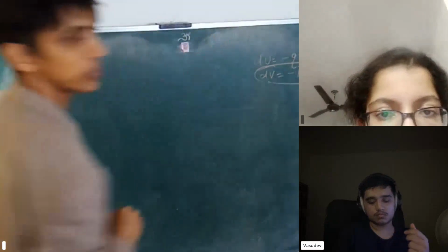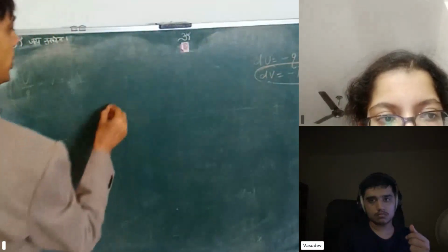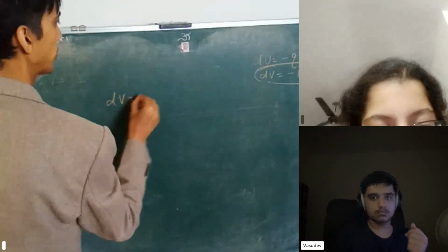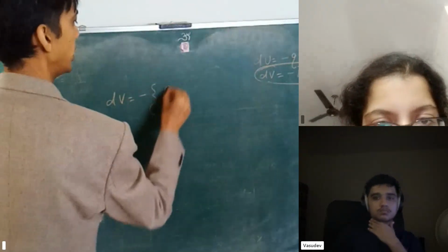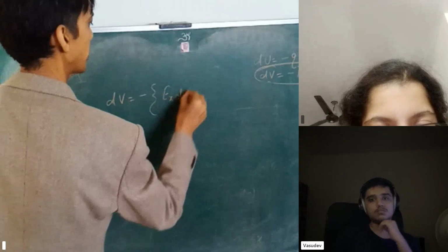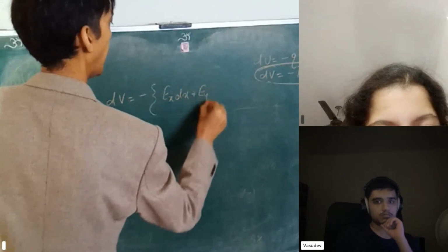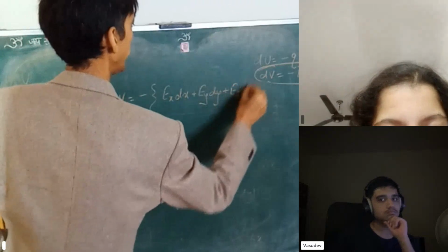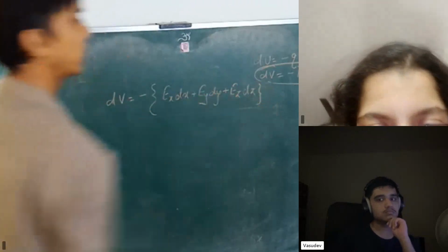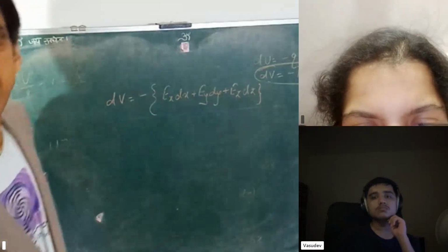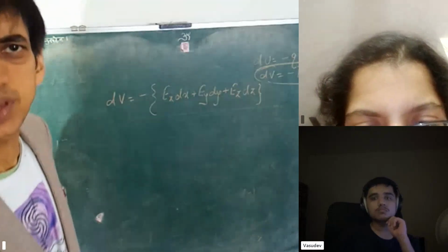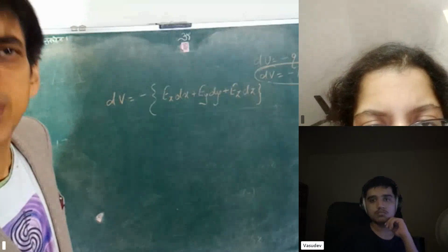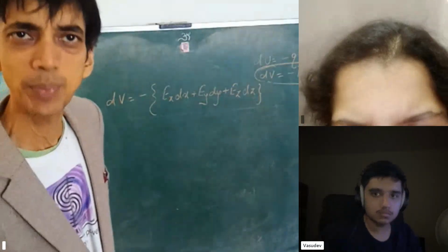Now, what is so important about this equation? dV is equal to, I express it now as, Ex dx plus Ey dy plus Ez dz. Do check. Simply writing E as Ex i cap plus Ey j cap plus Ez k cap, and dr as dx i cap plus dy j cap plus dz k cap.